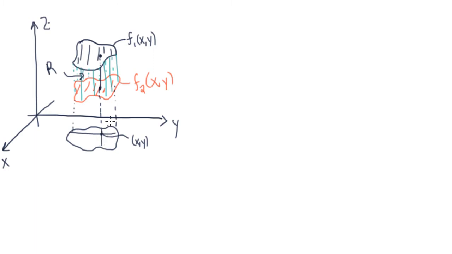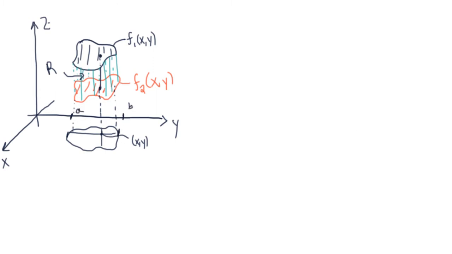So we can do the same sort of thing we did for functions of two variables. Once I think about z changing from f2 of x, y to f1 of x, y, then maybe I fix two y values, say a and b.